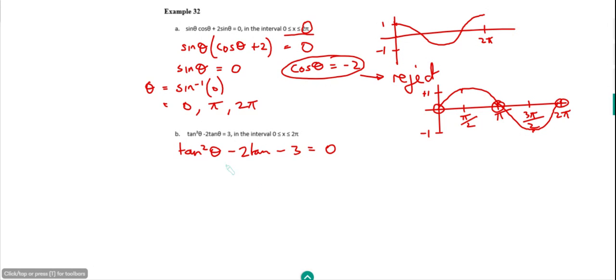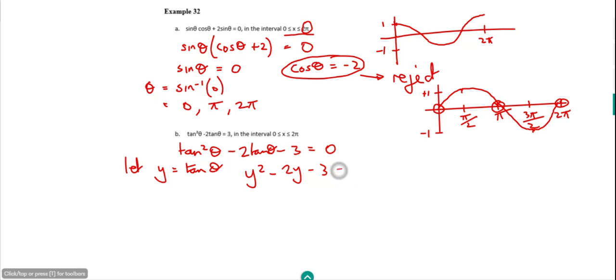And you can, if you want, say let y equal tan theta. And so you can then get an equation in terms of y, and you'll see that that looks much more like a quadratic.